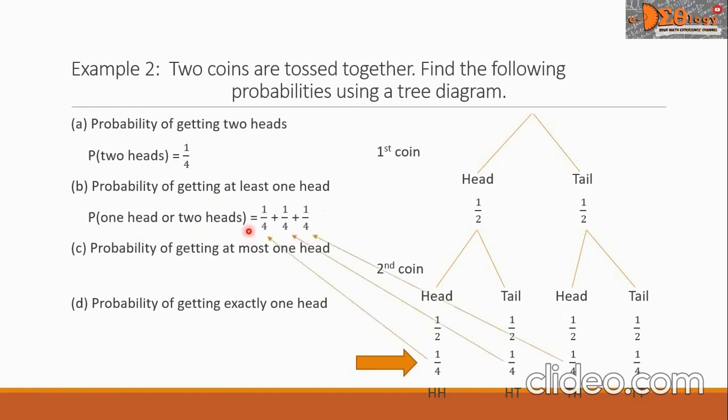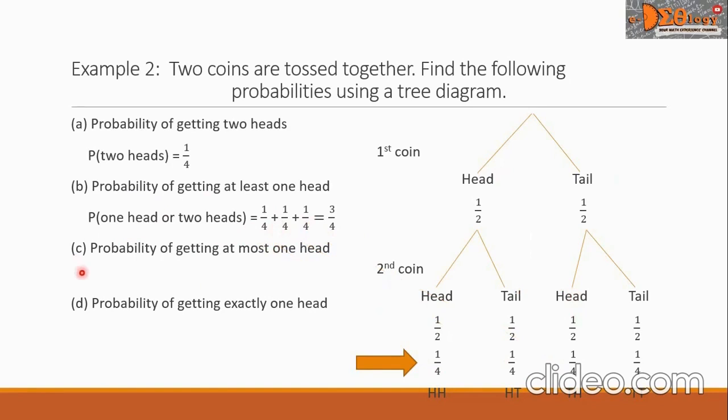And this is equal to 1/4 coming from two heads plus 1/4 when there is one head and a tail in the second coin, plus 1/4 when the first coin is tail and the second coin is head. So we can see here 1/4 plus 1/4 plus 1/4, and the answer is 3/4.